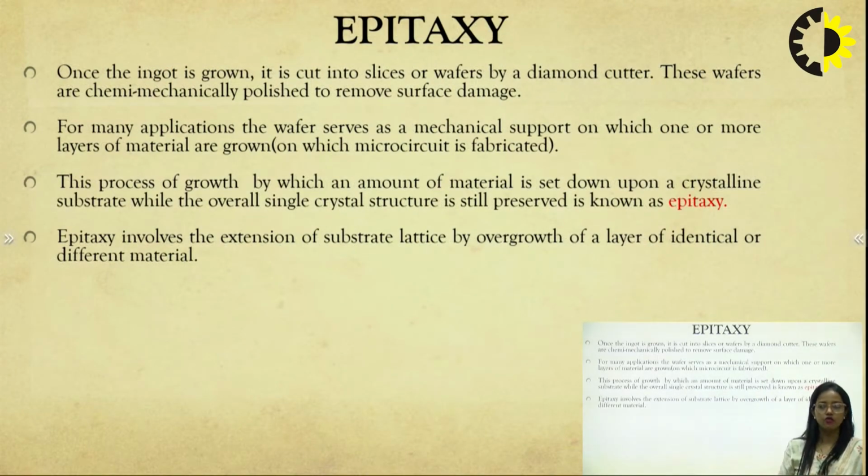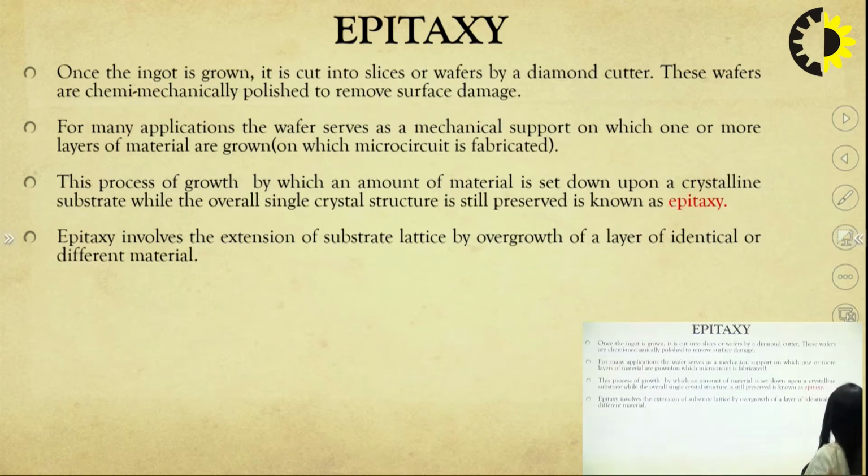Once the ingot is grown, it is cut into slices, and the resultant thing is called a wafer, cut by a diamond cutter. These wafers are chemically and mechanically polished, that is, chemi-mechanically polished, to remove surface damage. So we want to remove such kind of surface damage.